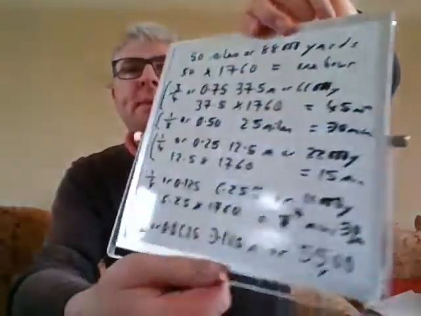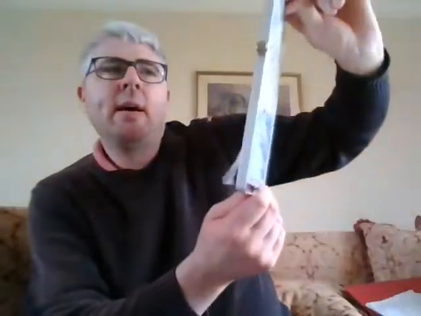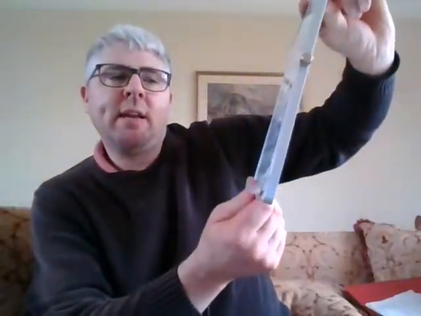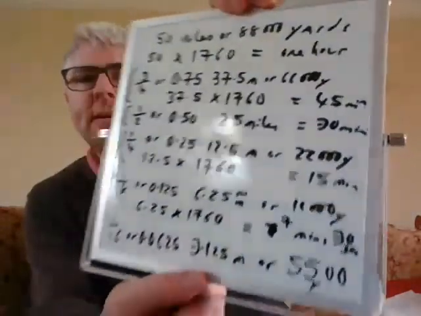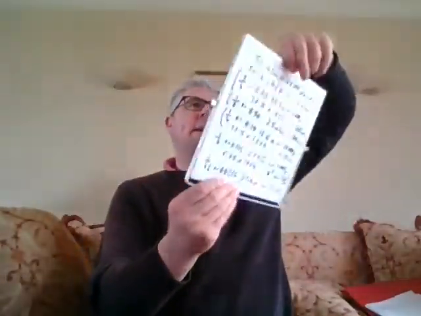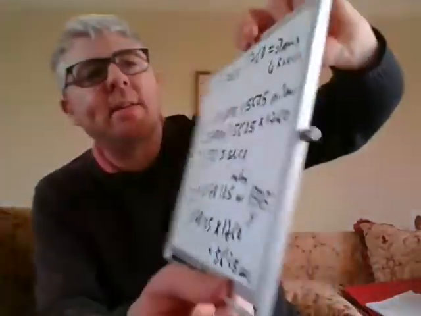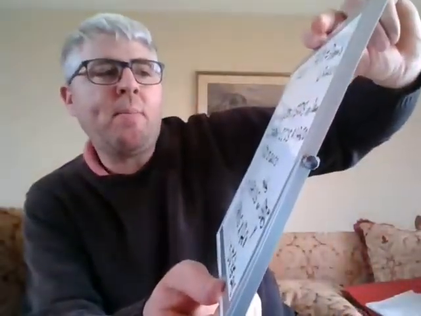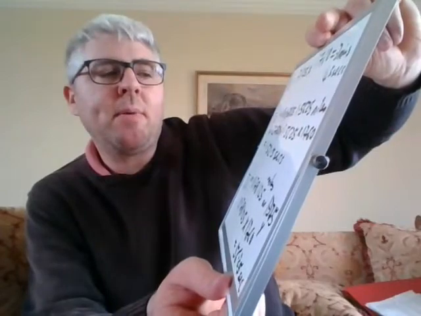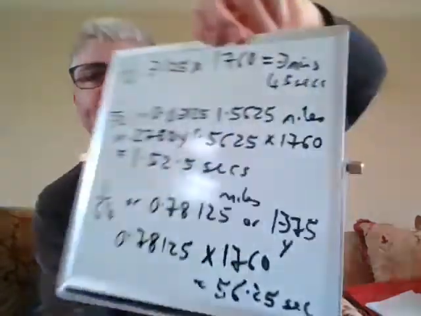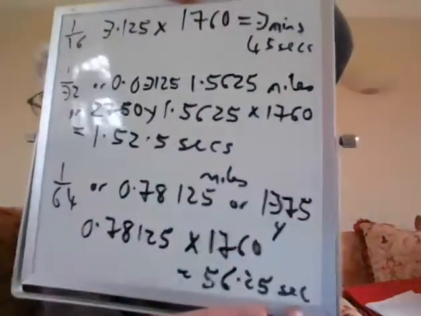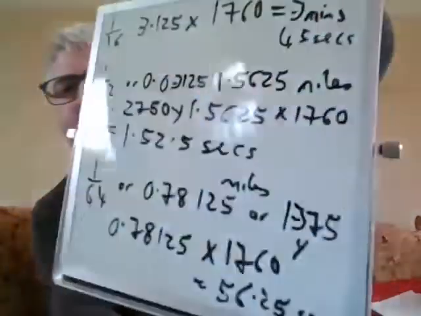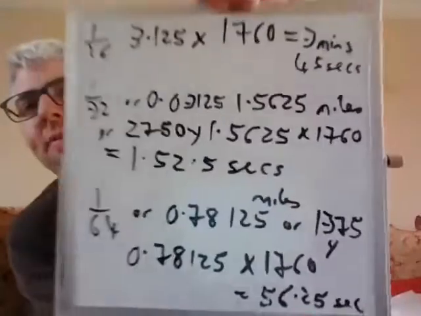So I've got 45 minutes on the far right of your screen. I've got 30, I've got 15, 7 minutes and 30 seconds there. And on this side, I've got 3 minutes and 45 seconds, 1 minute 52.5 seconds, and 56.25 seconds at the bottom there. So I'm just halving it all the time.